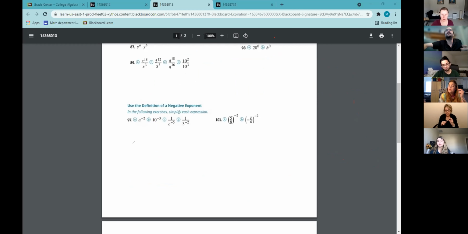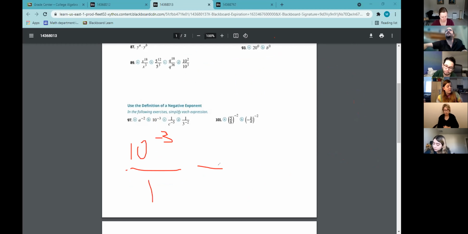Diana? I put it over 1. Okay, 10 to the minus third, and we're putting it over 1. And what do I do then? Put it over the reciprocal. Okay, so we're doing the reciprocal, so this looks like what? 1 over? 10 to the power 3. That's exactly it.